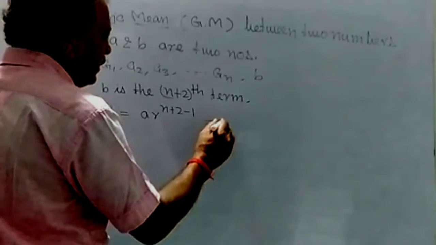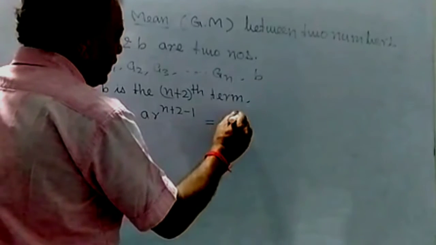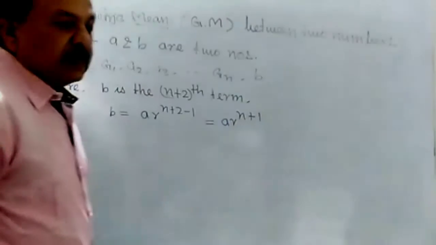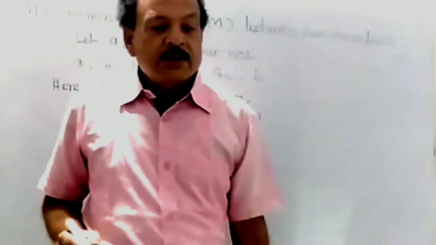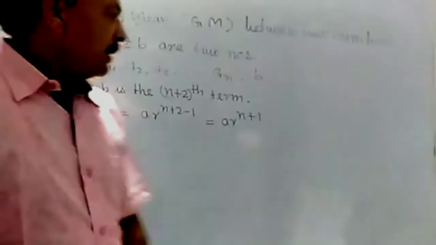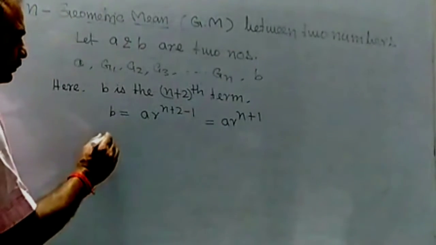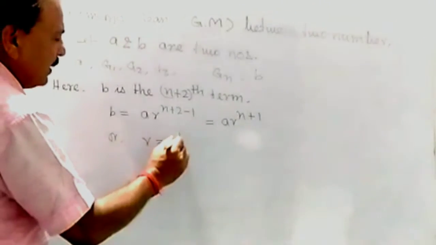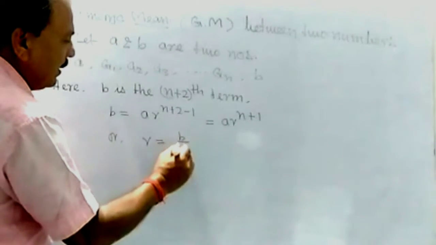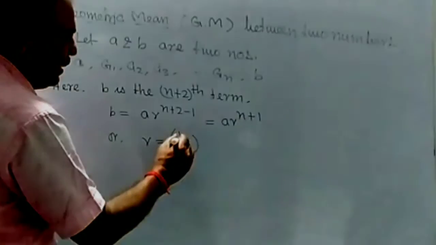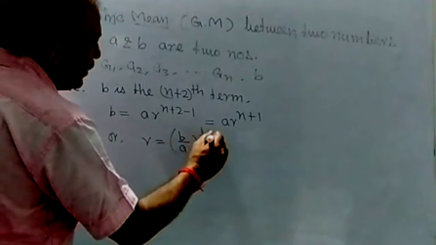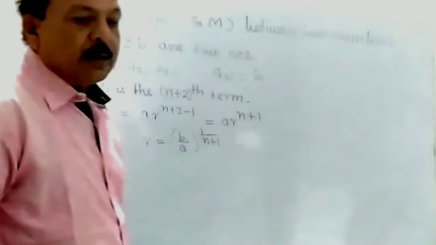This will be A r to the power n plus 1. So r equal to (B by A) to the power 1 upon n plus 1.